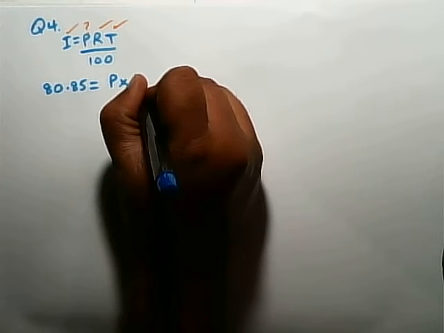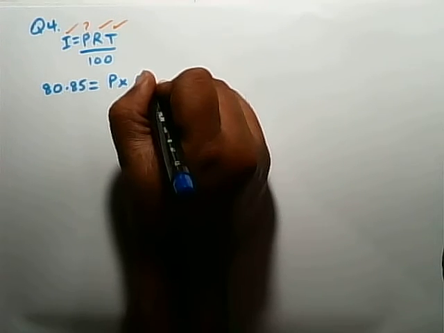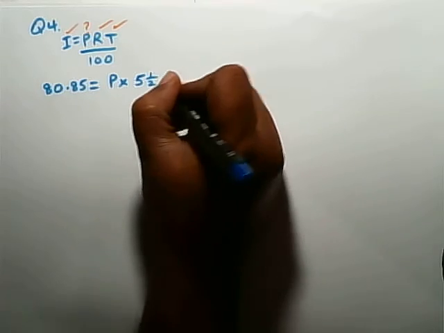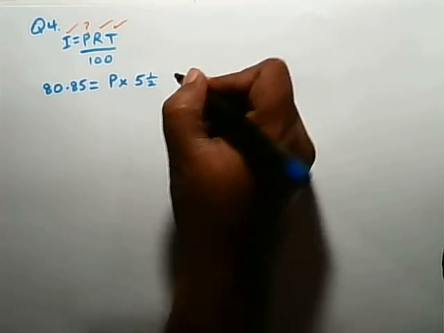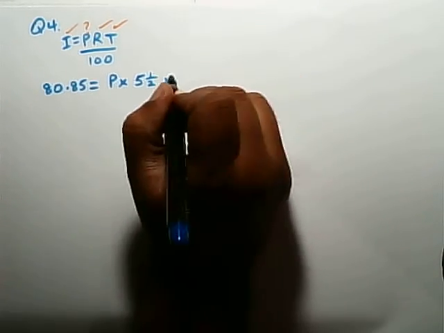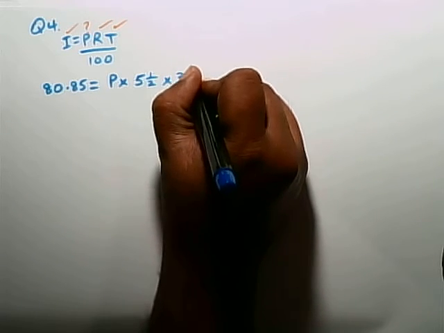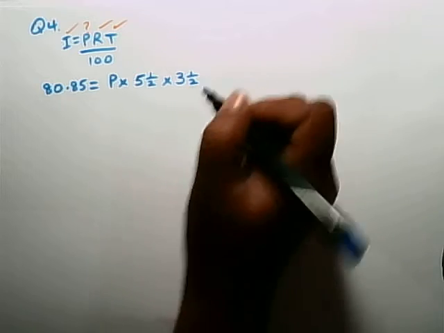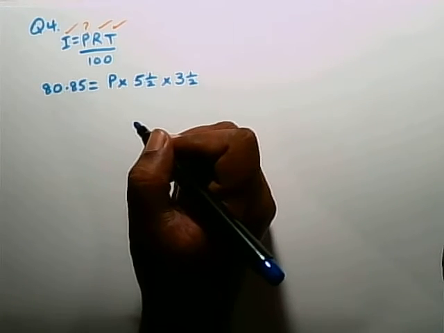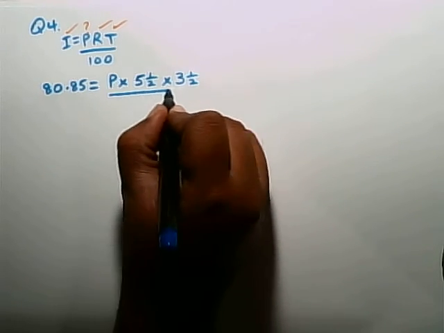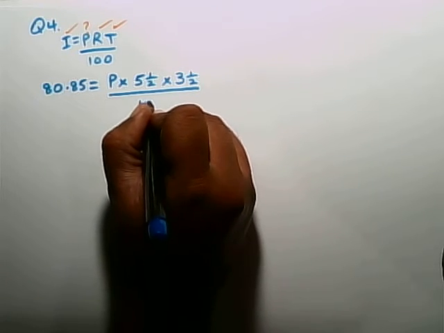You could write it as 5.5, or you could write it as 5.5. The time is 3.5 years. You could write that time as 3.5, or you can write it as 3.5, over 100.